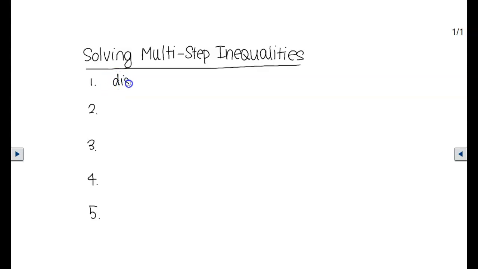You distribute if it's necessary. Then you combine like terms on the same side.